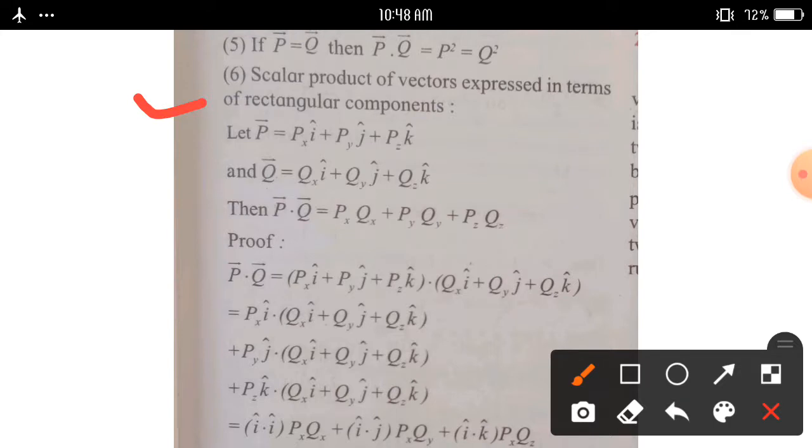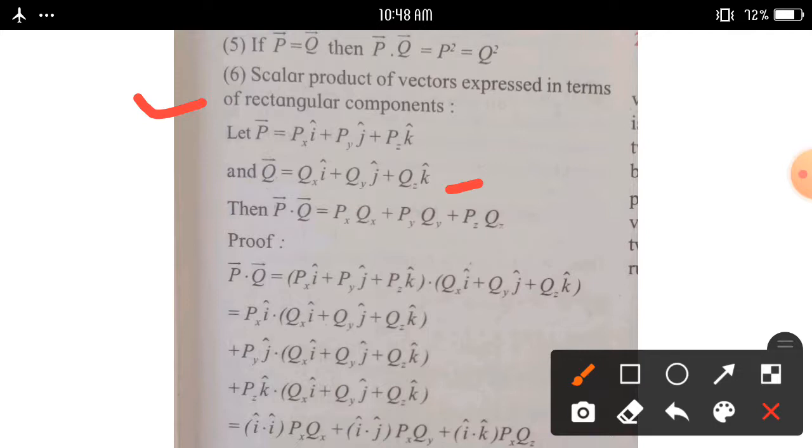6.1, scalar product of vectors expressed in terms of rectangular components. Suppose we consider the first vector p bar, with rectangular components px i cap plus py j cap plus pz k cap, and q bar with rectangular components qx i cap plus qy j cap plus qz k cap.